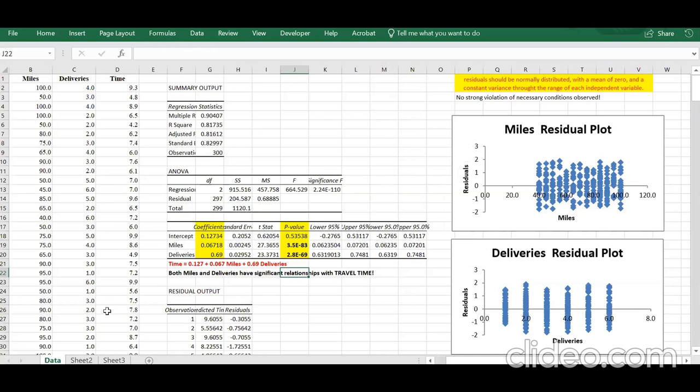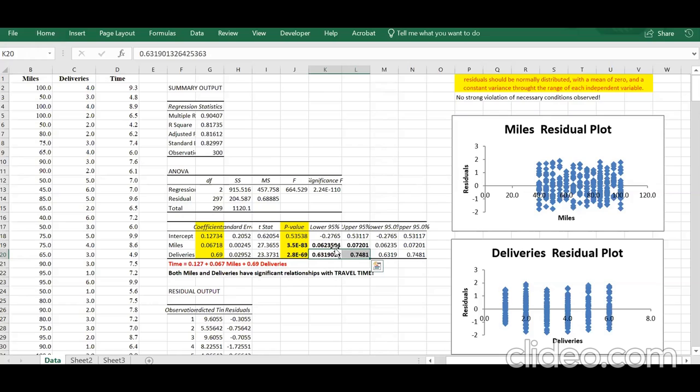But in reality, the true relationship, the true coefficient should be with 95% chance between these two values for miles and between these two values for deliveries. All right.